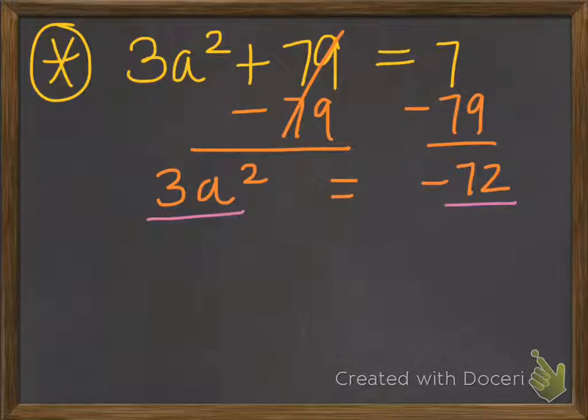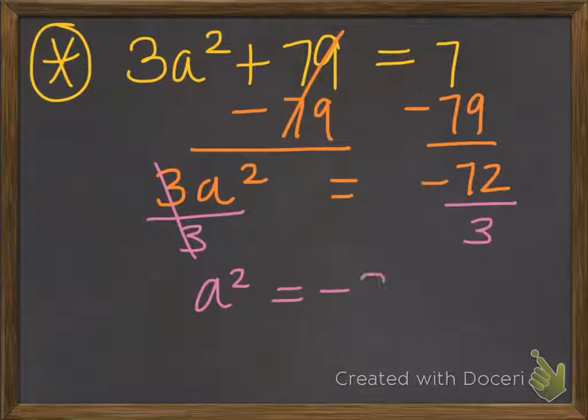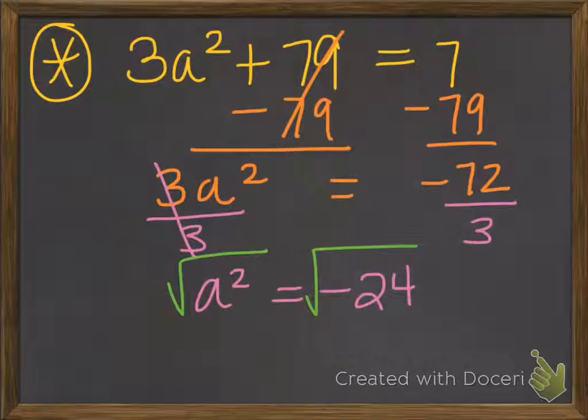Next, we divide both sides by 3, and 3 divided by 3 is 1, so we have a squared equals negative 72 divided by 3 is negative 24.